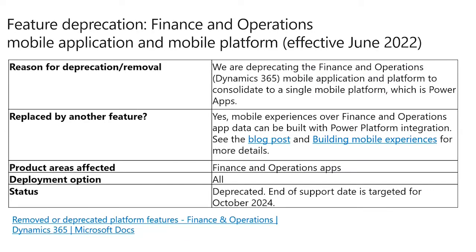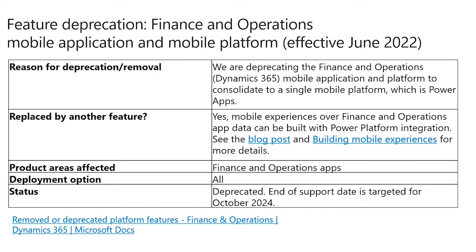Moving on, we have a couple of deprecations of note here. The first one has to do with the finance and operations mobile applications and the mobile platform in general. Effective June of 22, this is being deprecated, and that means that the end of support for these mobile applications is October of 24.